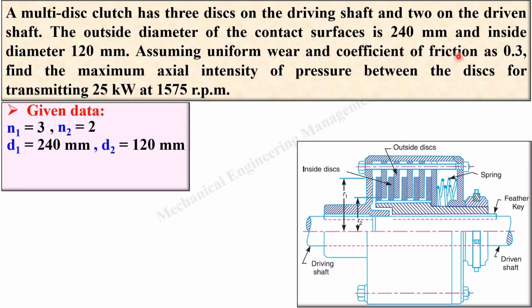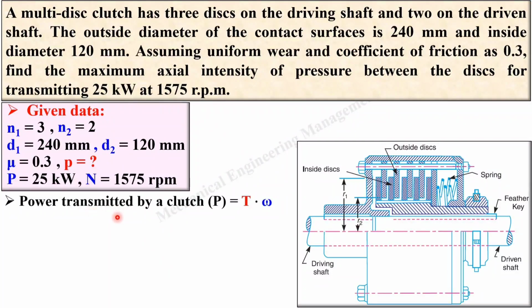Next, assuming uniform wear theory and coefficient of friction mu, find the maximum axial intensity of pressure, that means p. So p is our objective, for transmitting 25 kW power at rpm N. Now you know that power transmitted by the clutch plate is P equal to T into omega.